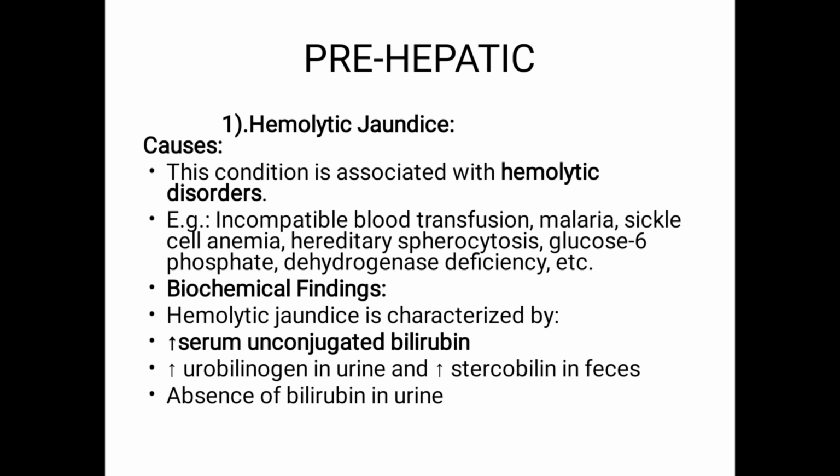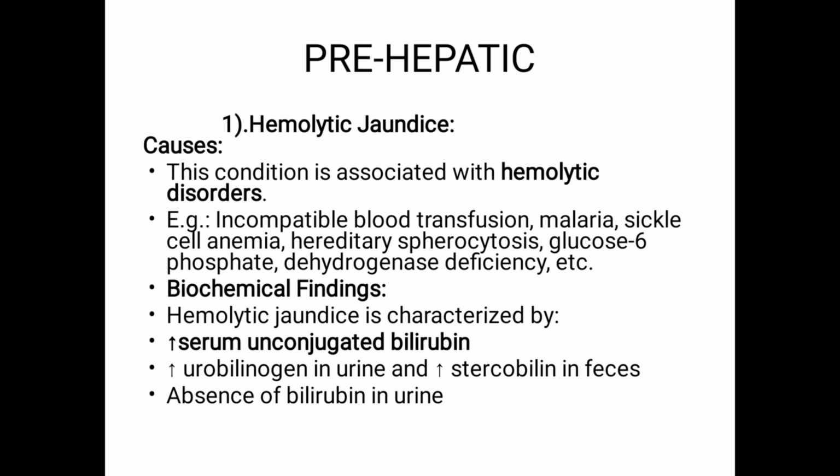But in abnormal conditions like bleeding, hemolysis, or excess destruction of the RBC, what happens? There is a need for excess conjugation. So the liver is unable to conjugate because of the overload of lysed RBCs. Example, incompatible blood transfusion. Mainly we can give the example of hemolytic disease of the newborn or erythroblastosis fetalis.